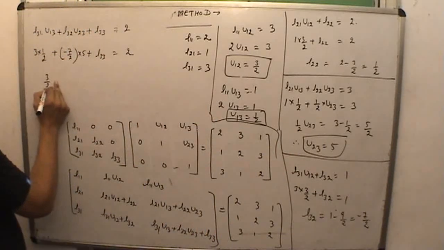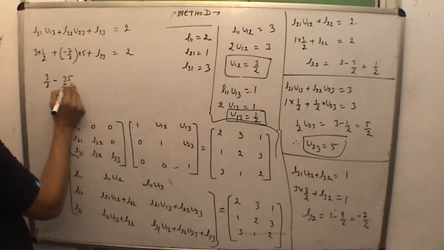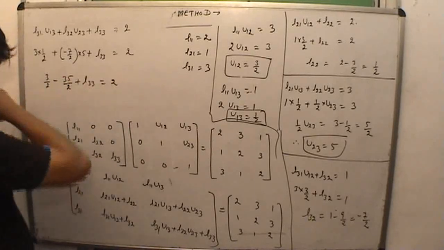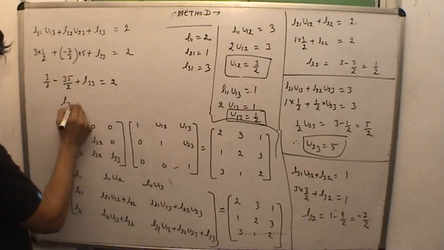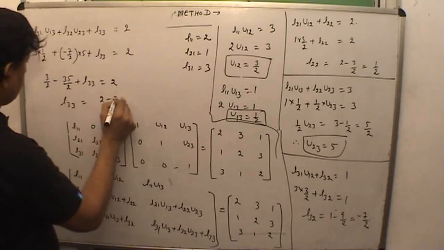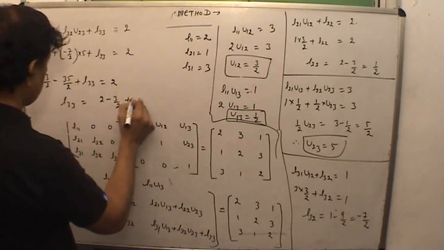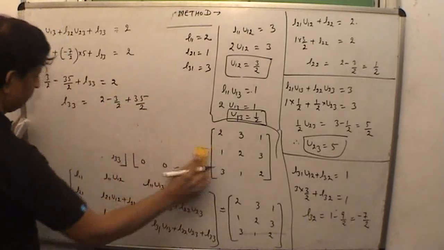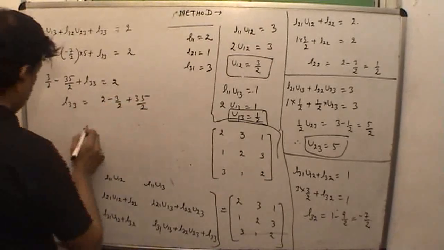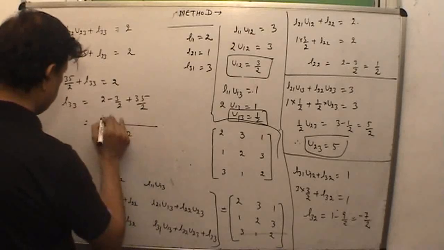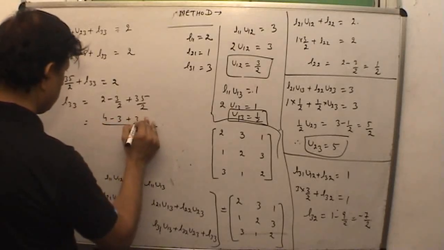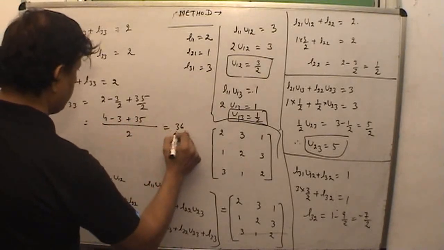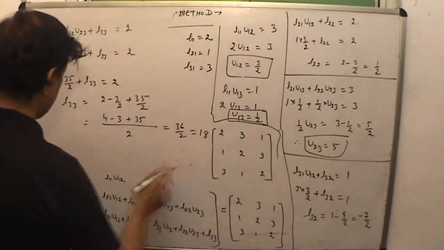That is 3 by 2 minus 35 divided by 2 plus L33 is equal to 2. Then L33 is equal to 2 minus 3 by 2 plus 35 by 2, that's equal to 36 divided by 2, and that is equal to 18.